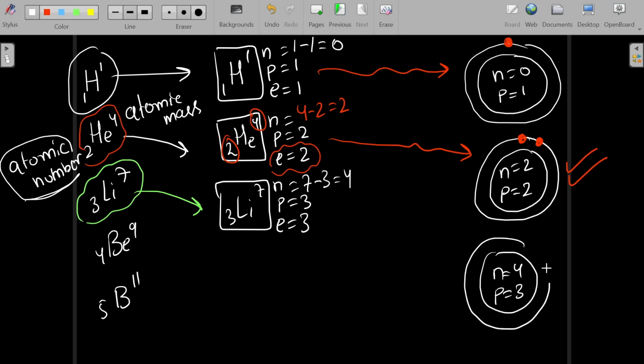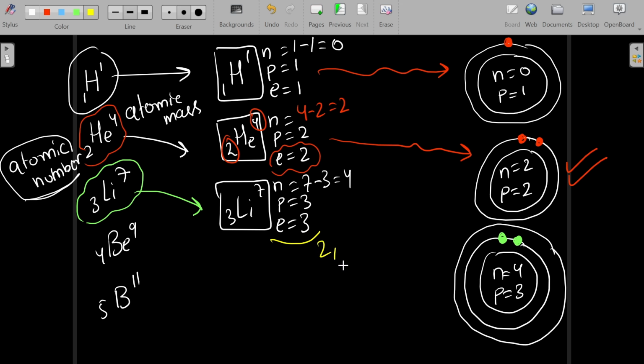For my first shell, I'll be accommodating only 2 electrons, which can come in the first shell, which is duplet, right? Now, for my second shell, I'll be accommodating the leftover. So how many electrons were there in total? We had 3 electrons.